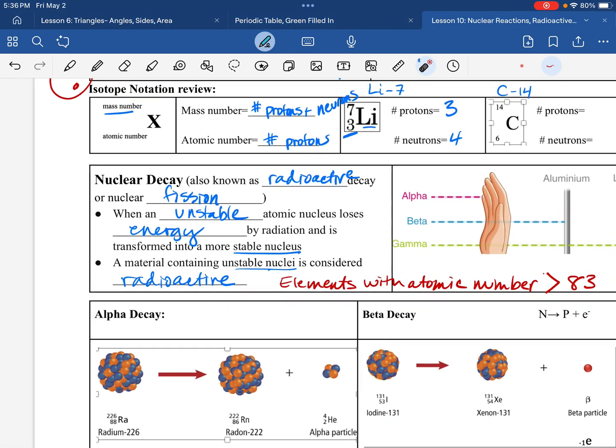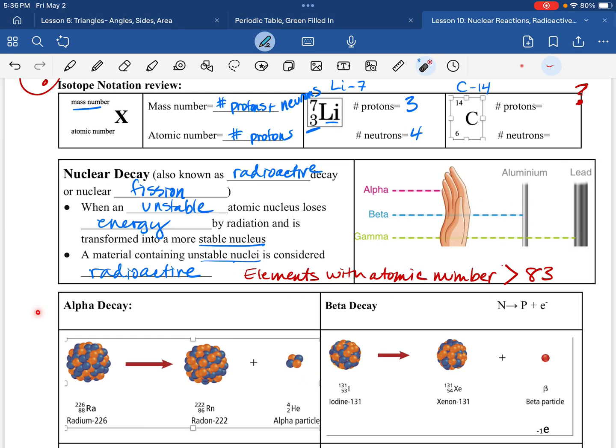Right, back to our notes. So we're going to learn about alpha decay, beta decay, and on the other page, positron emission. An alpha particle cannot travel through human skin or flesh, so that's actually not dangerous for us.